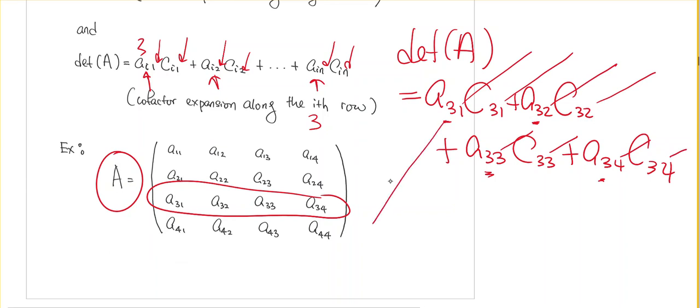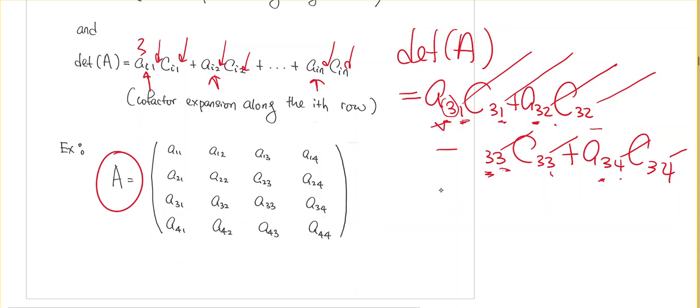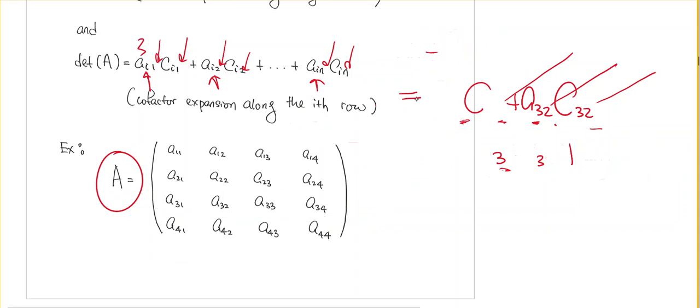But the row position is always 3. So this is called the cofactor expansion for this matrix A along the third row. Now you can expand along any row. In fact, you can also expand along any column.